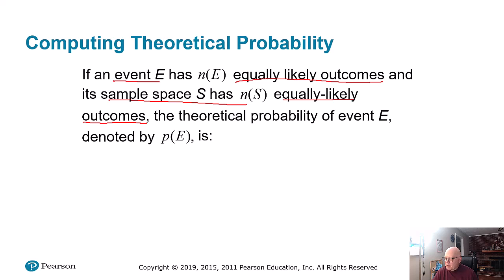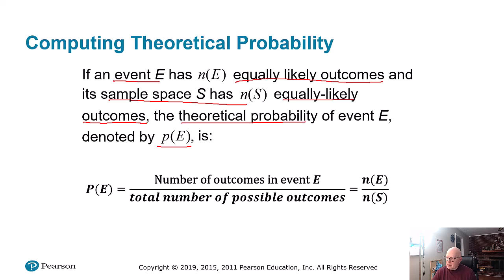Each of those possibilities has the same chance as any other. With that said, the theoretical probability, and you can write it this way, P of capital E for event, is written like this and calculated like this. How many outcomes can occur in that particular event? This represents the number of items that contain the event E, and the denominator is how many different possibilities there are in total from your sample space.